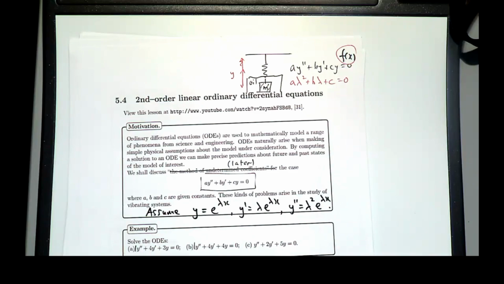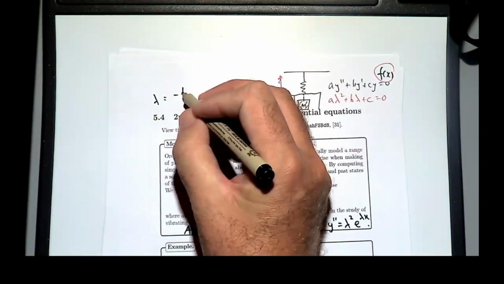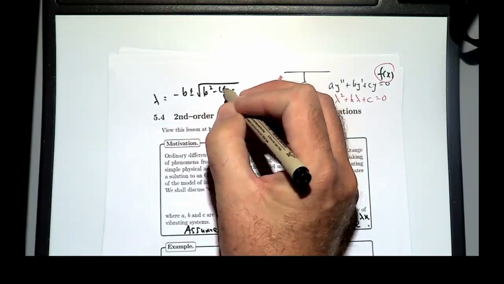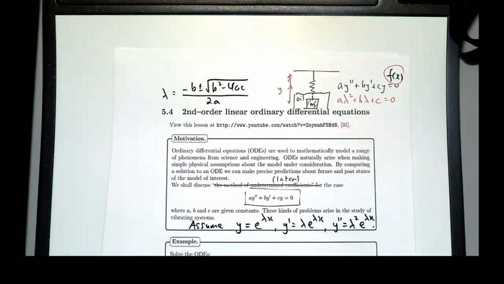So remember, if we solve this from school, let's say we solve a quadratic equation, right? That's the form that you see at school. So are we going to get complex roots, real and unequal roots, or real and equal roots?